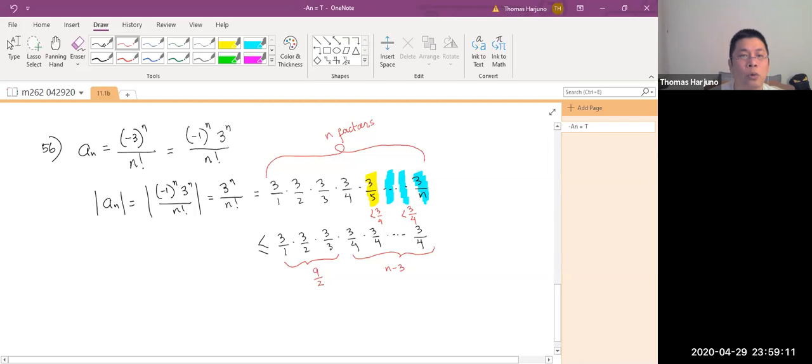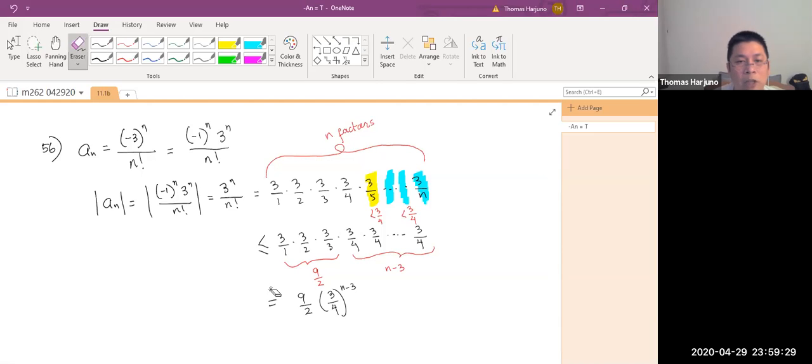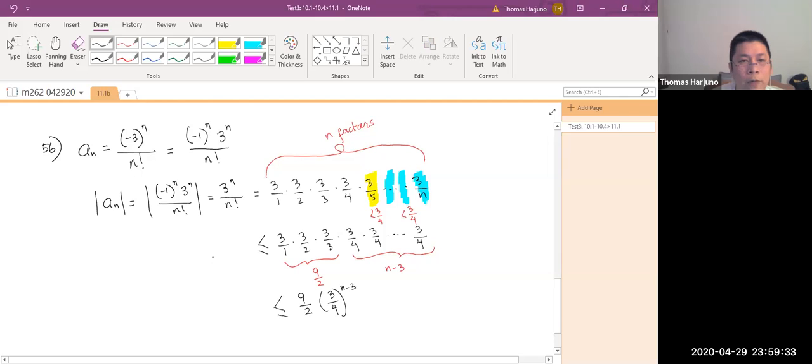So basically we are saying that the term that we have up there is 9 over 2 times 3 over 4 to the power of n minus 3. Agree? Or another way to say it more explicitly, the absolute value of a sub n is less than that.